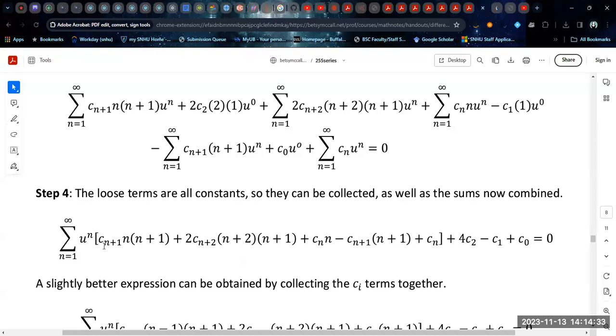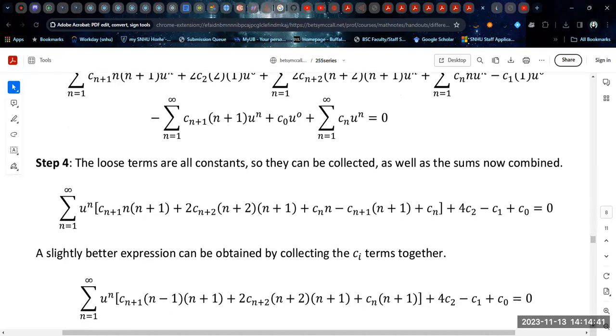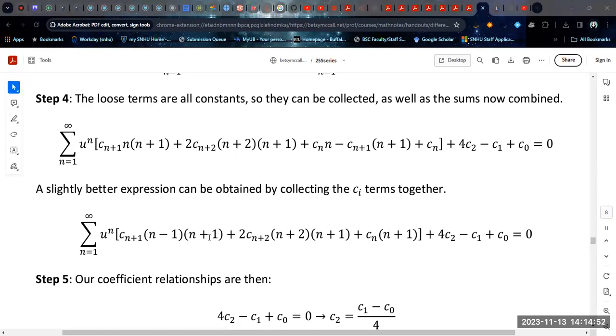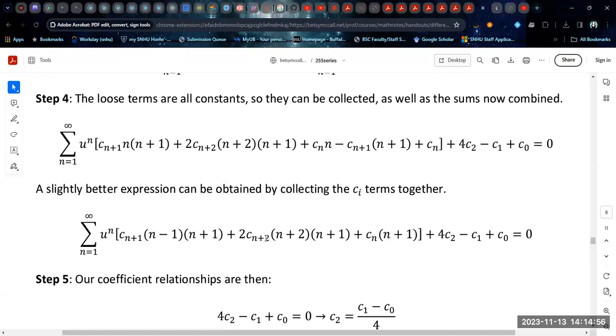Now we have some Cn plus 1s and Cn's, and so we can combine those a little bit. The Cn and the Cn plus 1, the Cn plus 1 and the Cn plus 1, we can combine those like this. And then the Cn plus 2 doesn't do anything. It's by itself.